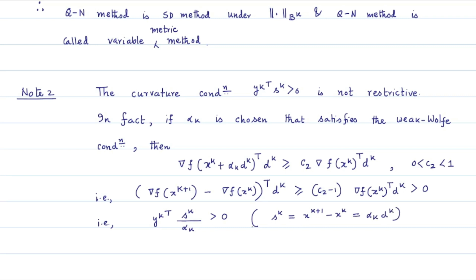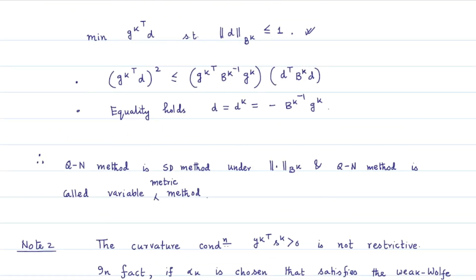And hence you will have dk given by sk divided by alpha k. And finally you then get that the curvature condition is satisfied, yk transpose sk is greater than 0. And therefore this curvature condition yk transpose sk that we will take into account in the construction of bk is not really a restrictive condition.